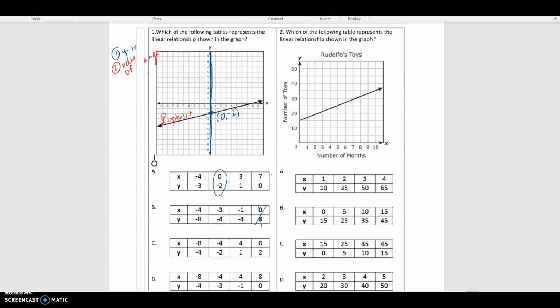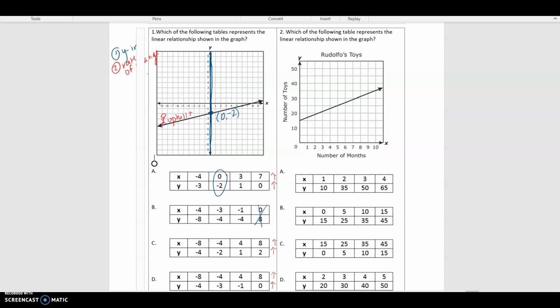Y goes from -3 to 0, that's getting bigger, so that looks good. -8 to 8, that's getting bigger. -4 to 2, that's getting bigger. -8 to 8 is getting bigger. -4 to 0 is getting bigger. So I can't eliminate anything based on the rate of change.